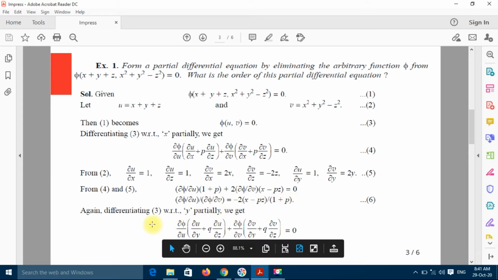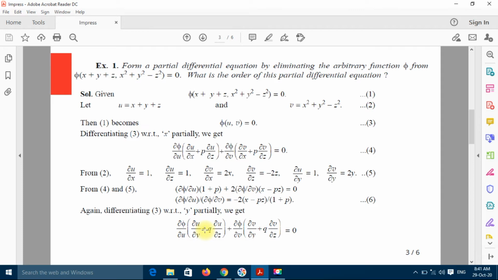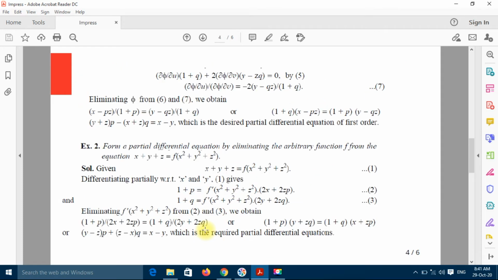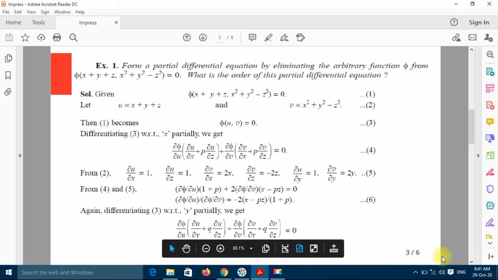Again we differentiate this equation φ(u, v) is equal to 0 with respect to y partially. Then we get the equation ∂φ/∂u times (∂u/∂y plus q ∂u/∂z) plus ∂φ/∂v times (∂v/∂y plus q ∂v/∂z) is equal to 0.